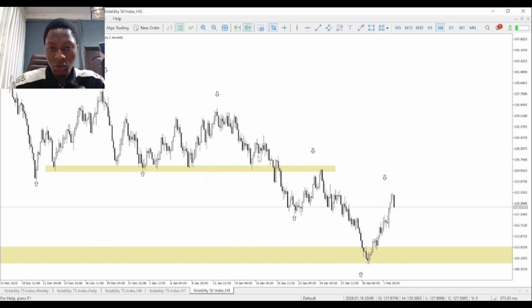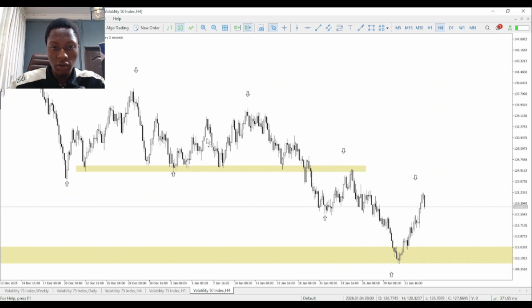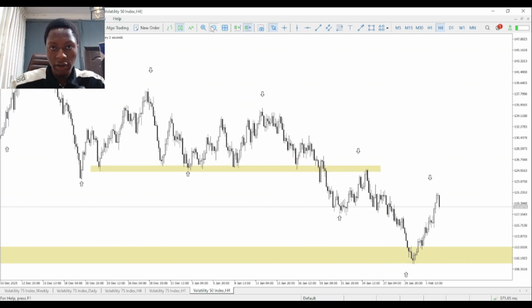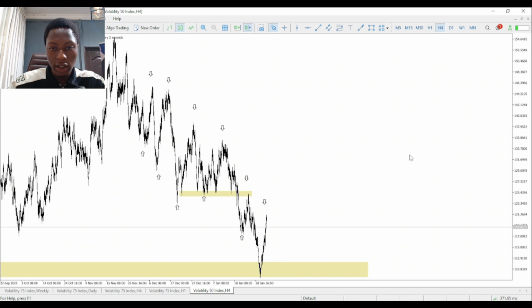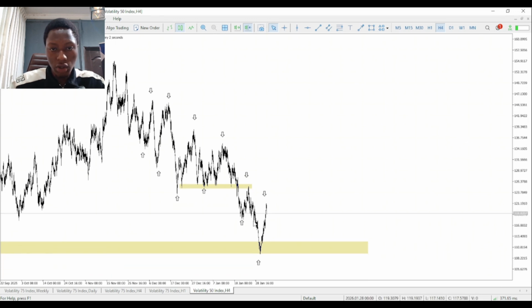You understand? And immediately the level got multiple rejections. Price had to do its own thing and broke out of this level, because it was a very strong downtrend. If I could zoom out, you will see it clearly. It was on a very strong downtrend.